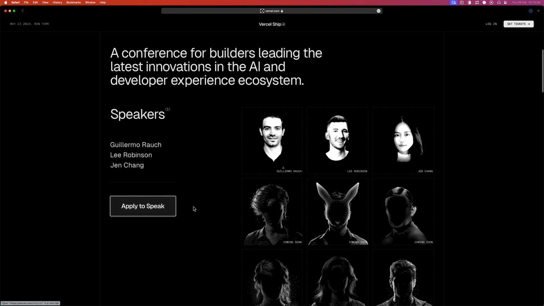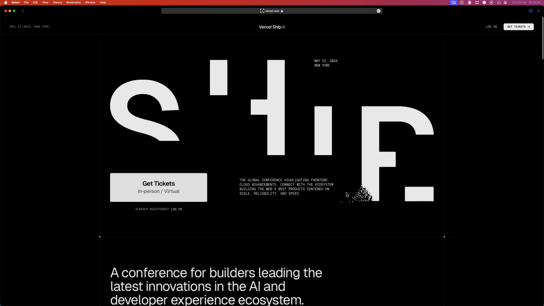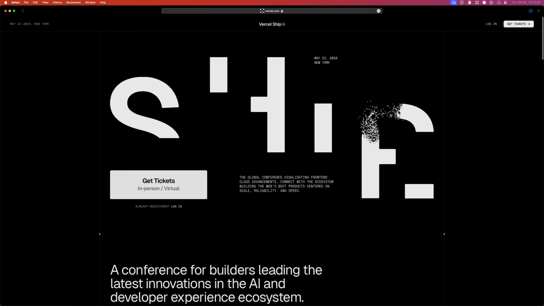You can see down here the coming soon placeholders, but also the confirmed speakers are created using this dithering effect. That's using dots in different densities to show brightness or lack thereof, and this pairs nicely with the effect applied to the text here.